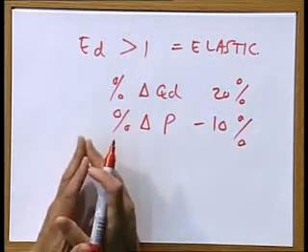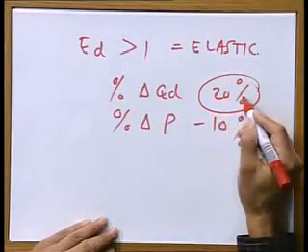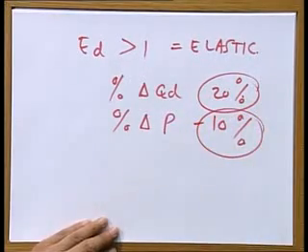So when we look at ED greater than 1, then we say the demand is elastic. Then what are we referring to? The quantity demanded in percentage terms changes proportionally more than price changes. And you can see that the percentage change in the quantity demanded is bigger than the percentage change in the price. Then we say the demand for this product is elastic.